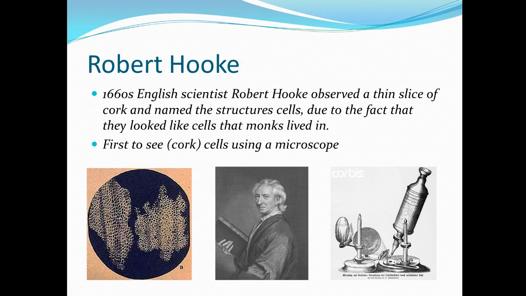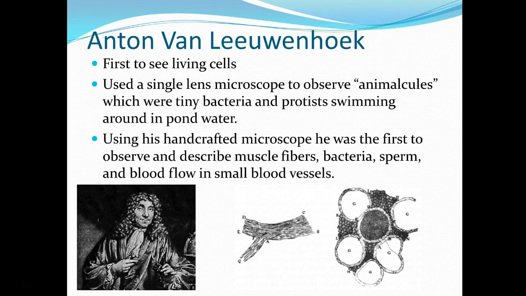Now cork comes from the inner bark of a tree, cork trees, and those cells are actually dead. So he drew those. It reminded him of these little cubicles that the monks at the time lived in, and those were called cells. So he coined the name cells and said that these were cells also.